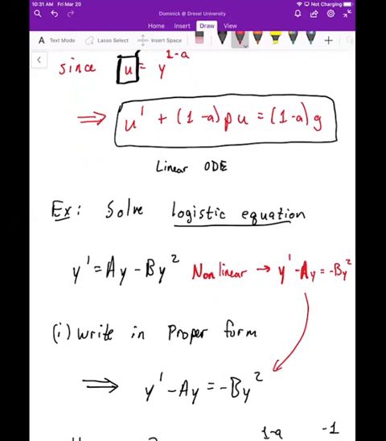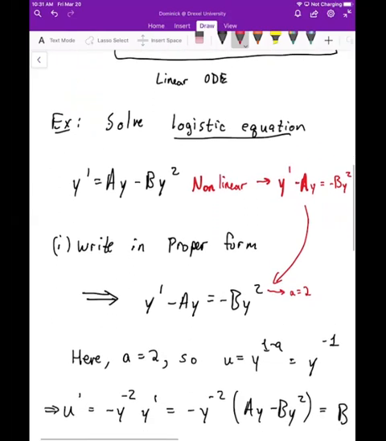Your 2 is like your a in this case, so a is equal to 2. And of course, since we make the substitution of u being equal to y to the 1 minus a, if a is 2, then we get that our u is equal to y to the negative 1, right? Or you can think of it as 1 over y if you like.